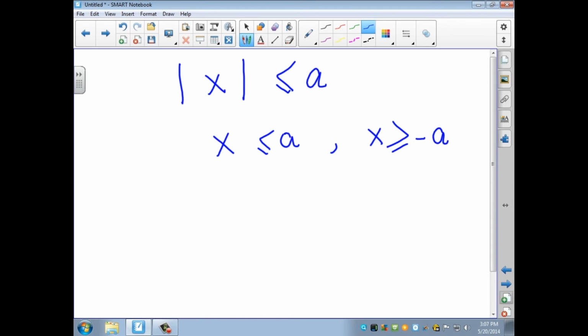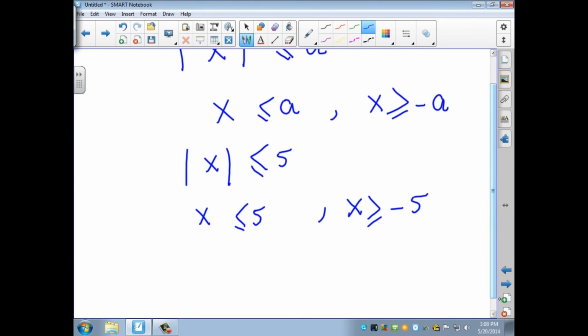Okay, so let's have an example. The absolute value of x is less than or equal to 5. There I'm saying that x therefore would be less than or equal to 5, or x would be greater than or equal to minus 5.